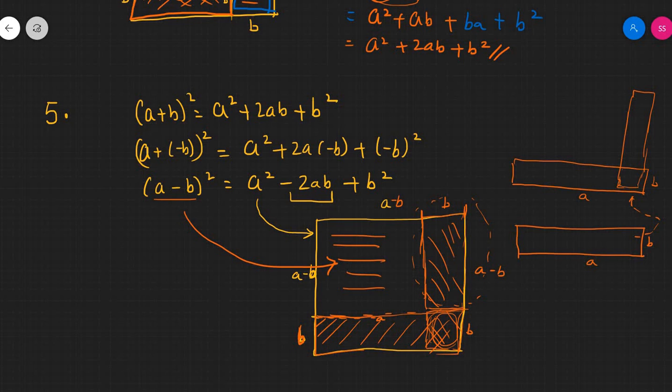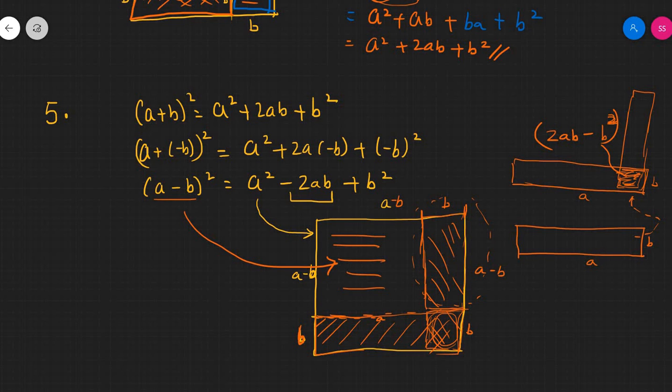So you have this extra thing that you have to tear off, and this extra thing is b squared. So the net area of this L shape is 2ab minus b squared. This is ab plus ab, which is 2ab, and then minus b squared because you tore off a piece of paper.